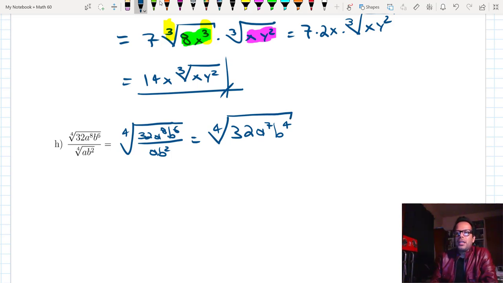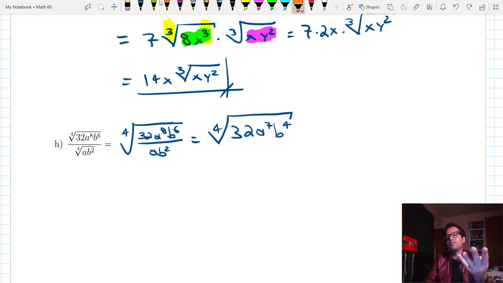And number 1, let's start looking for perfect fours. Number 1, is the number 32 a perfect four? In other words, is there a number whose 4th power is 32? Well, in this case, the answer is no. Okay, 2 to the 2nd power is 4, then to the 3rd is 8, to the 4th is 16.